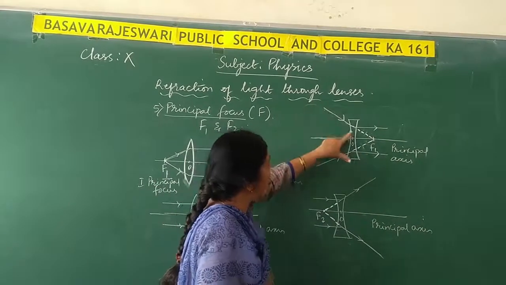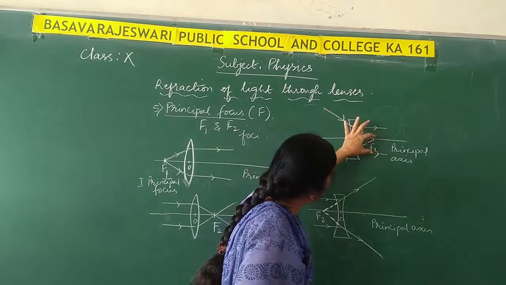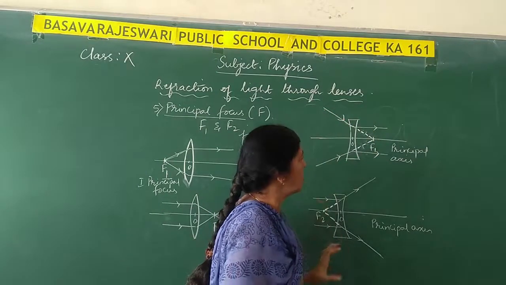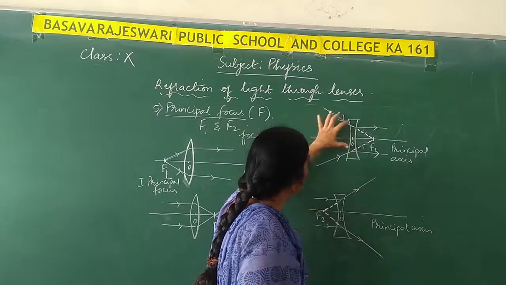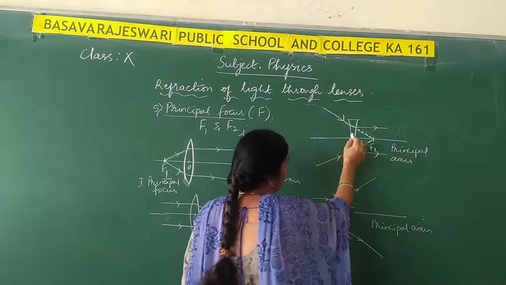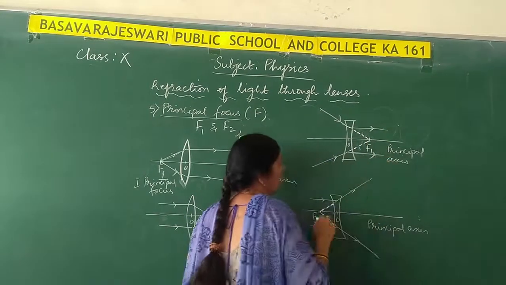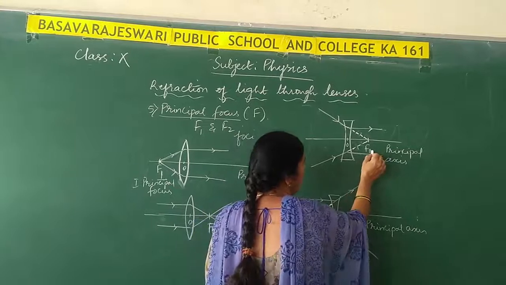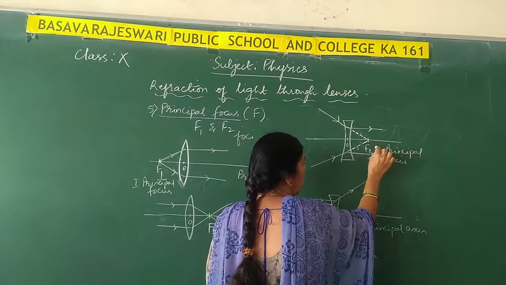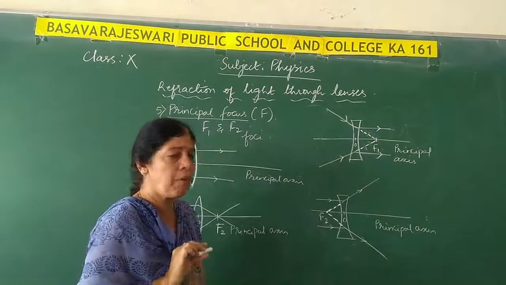Now if you produce these 2 rays, you can observe that they appear to meet at a point on the principal axis, but actually when they are incident on the lens, they undergo refraction and run parallel to the principal axis. Now this point is called the first principal focus of a concave lens.